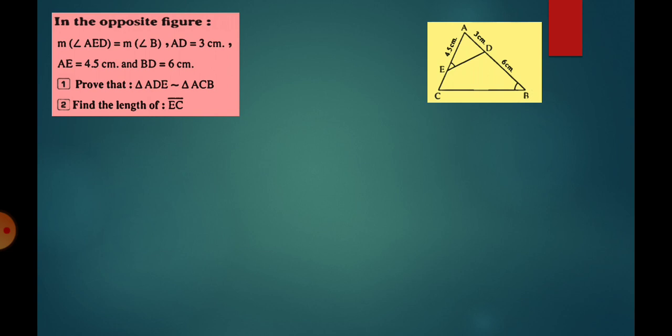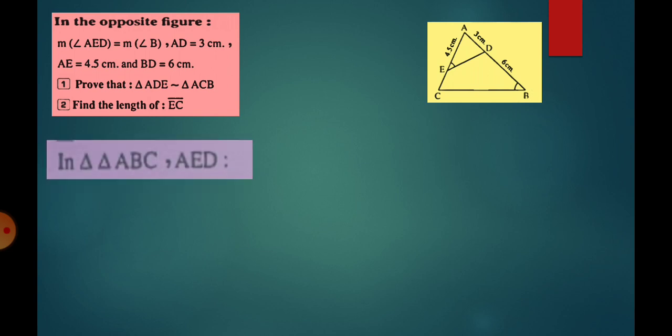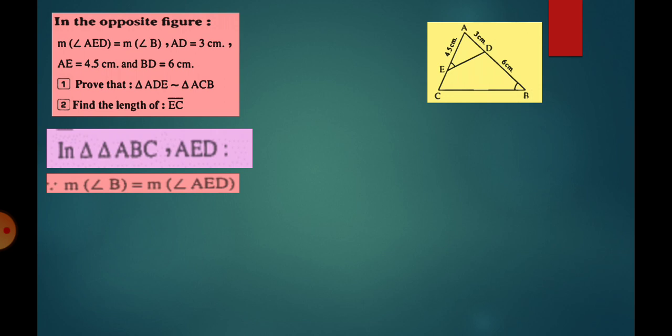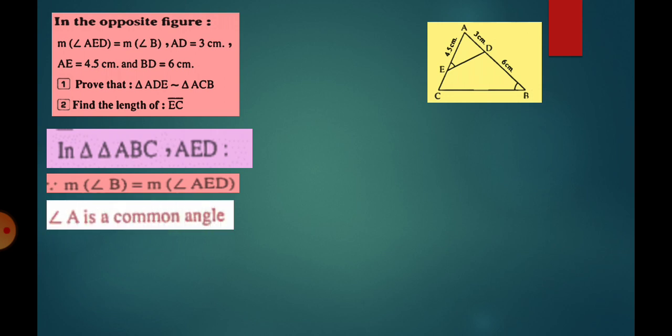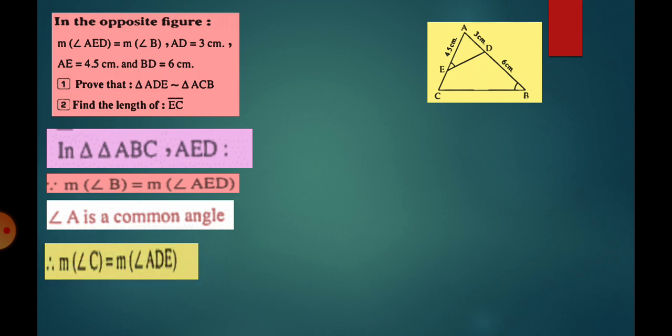Here, from the given, the measure of angle AED equals the measure of angle B, the first angle. And angle A is a common angle. Then the measure of angle C equals the measure of angle ADE.